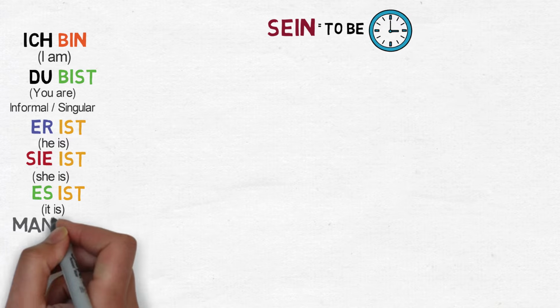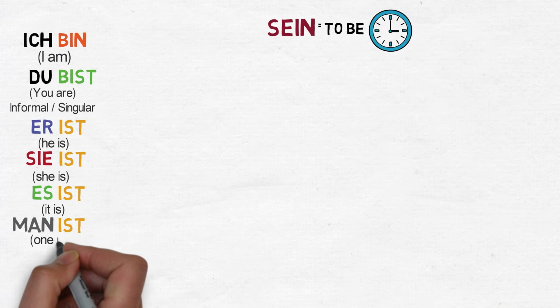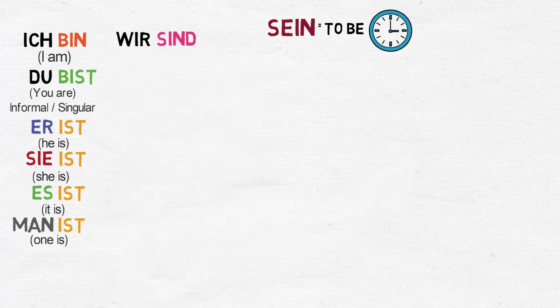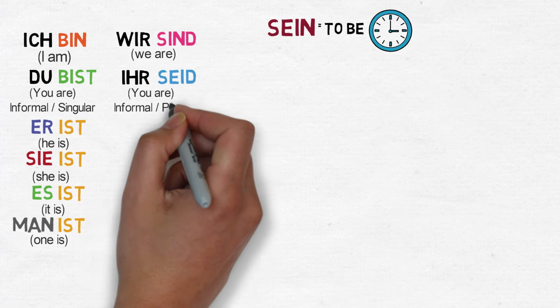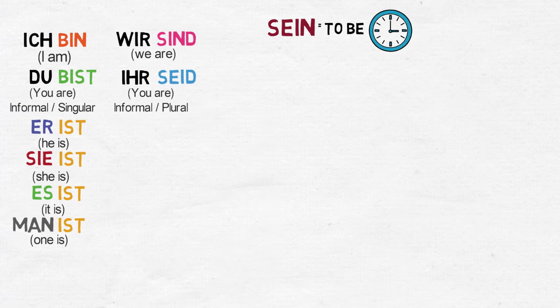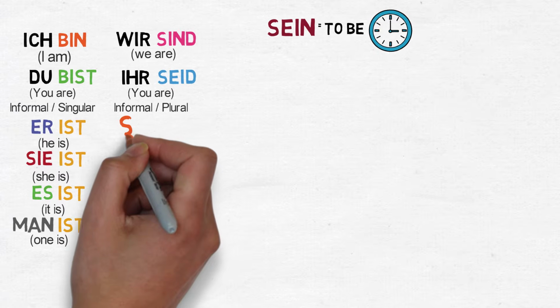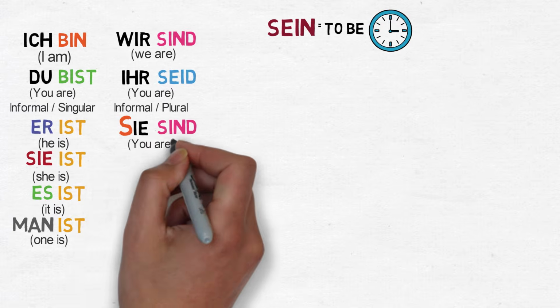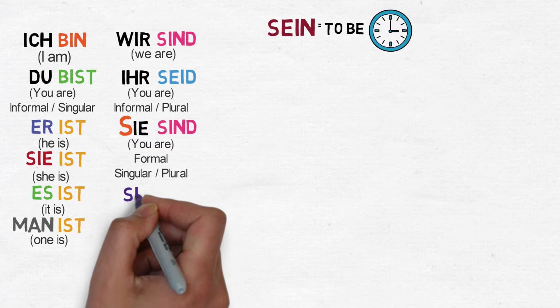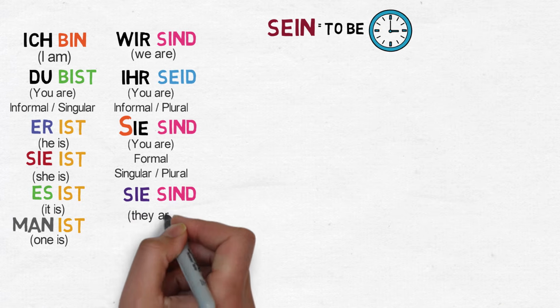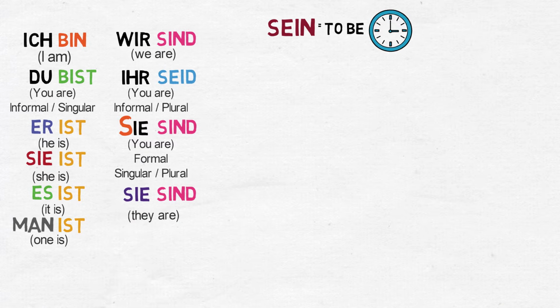Man ist, one is or anyone is. Wir sind, we are. Ihr seid, you are, in an informal and plural sense. This could be thought of as you all are. Sie sind, with a capital S, meaning you are in a formal sense. And sie sind, with a lowercase s, meaning they are.